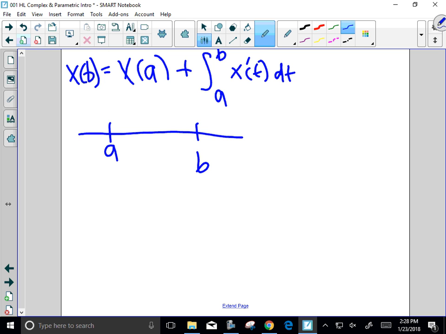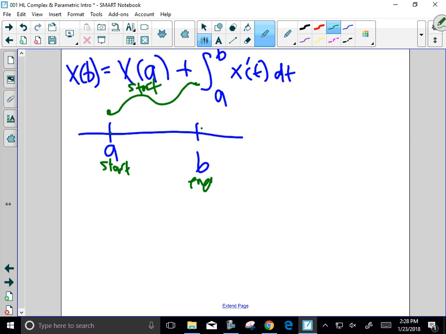So all you're doing is taking dx/dt, integrating it going from A to B, and adding it to where you started. This is my start point, x of A, and this is my end point, x of B on the equation. Maybe it does something like this. So there's x of A, here's x of B.